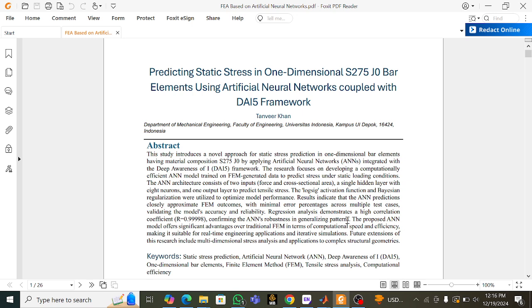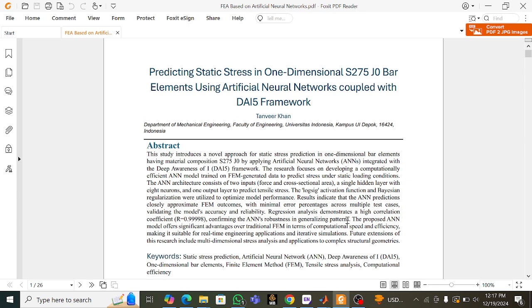Why did I choose log-sig and Bayesian regularization? I chose these two based on the trial and error method. These two gave me accurate results compared to the other activation functions and training methods of the ANN model.